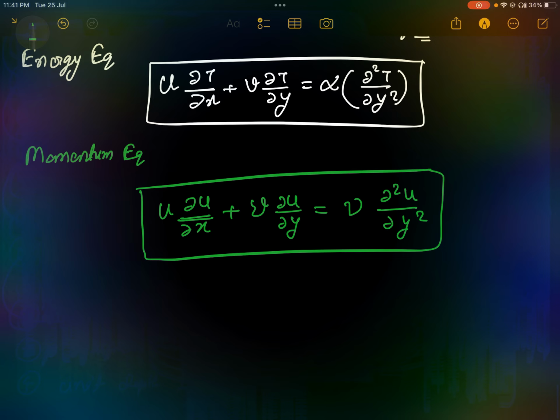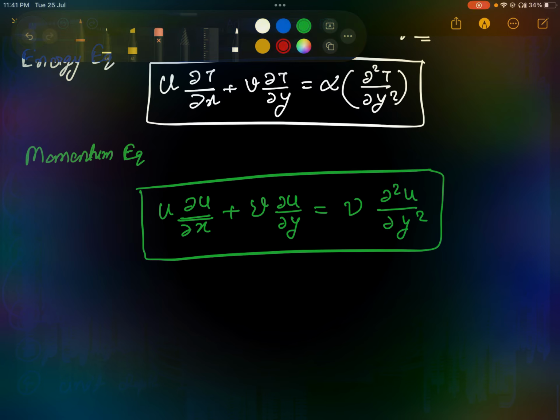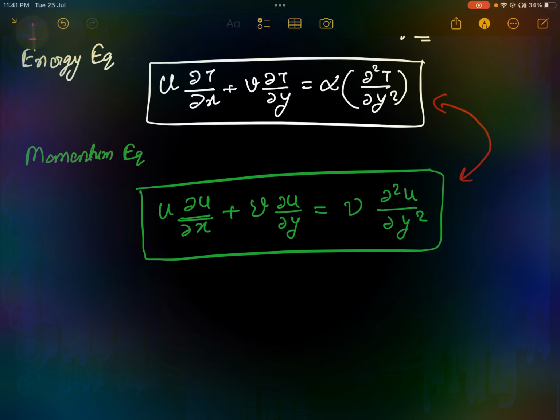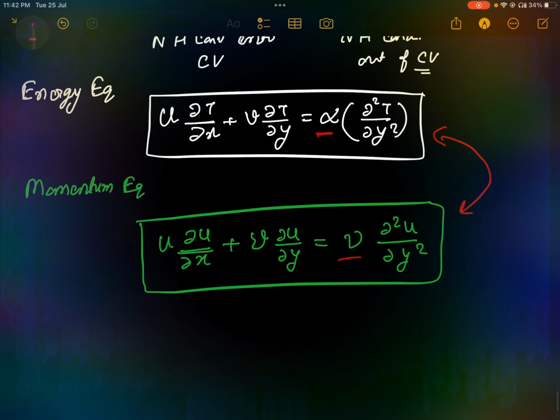So you can see that both equations are very much similar. If nu and alpha are the same, then both equations are most likely similar. So there is a striking similarity between the momentum equation of the hydrodynamic boundary layer and the energy equation of the thermal boundary layer. The solution to both these second order differential equations would be exactly the same if the kinematic viscosity nu of the fluid is equal to the thermal diffusivity alpha. Fine.